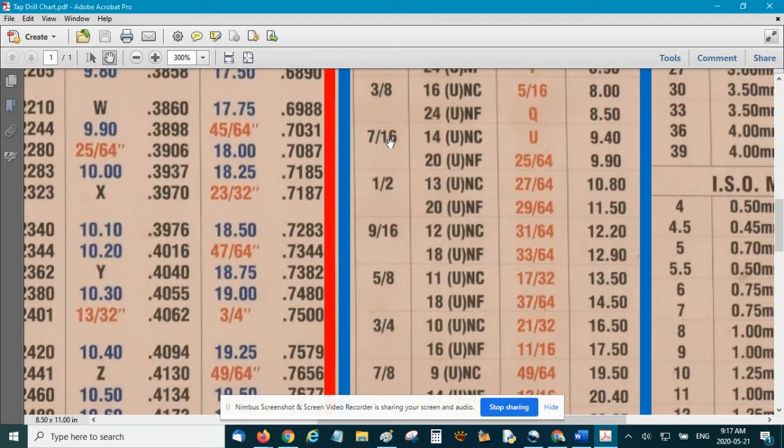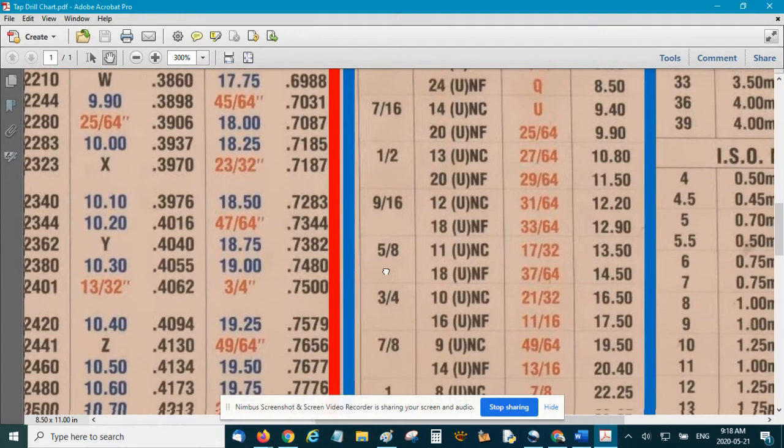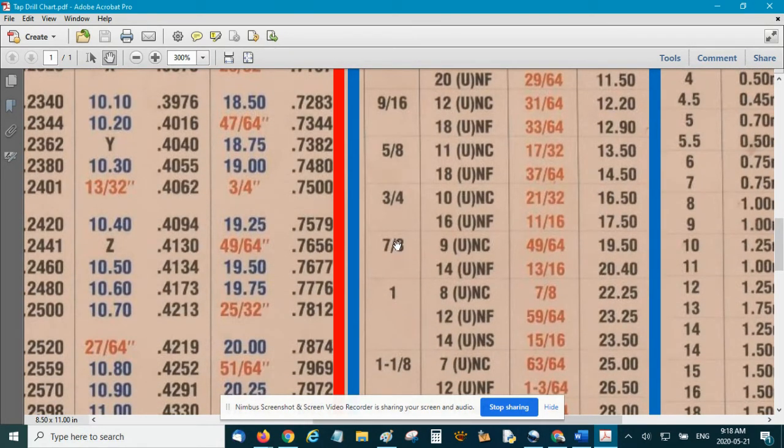It probably exists somewhere, I don't know, but it's on the chart. It must exist. I've never seen a 9/16 bolt. 5/8, yes. 3/4, yes. Have I ever seen a 7/8 bolt? Don't think I ever have. Not saying they don't exist. They're on the chart. They are a national standard size, but it's just not there.